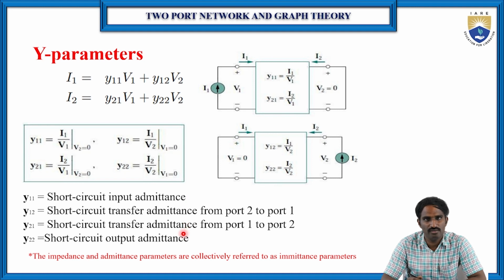There are various two-port network parameters, and among them are the Y parameters and Z parameters. These two are also called immittance parameters, which means the impedance parameters and the admittance parameters.